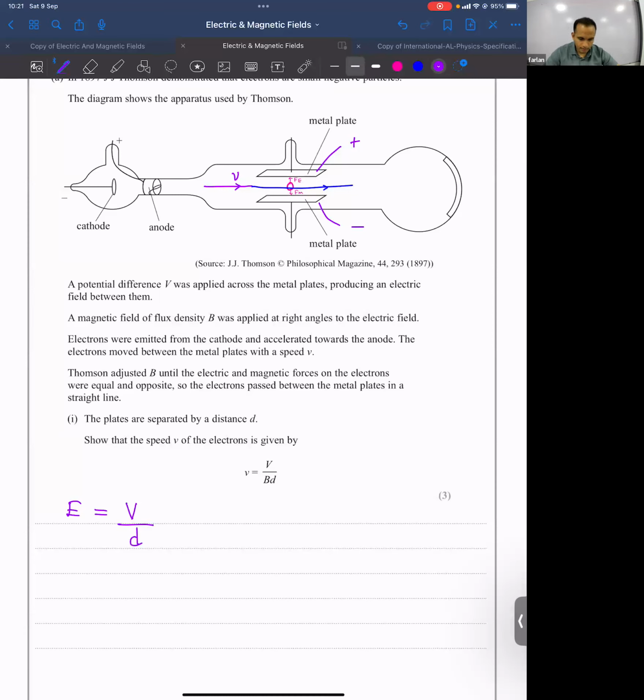So how did you get that formula? In capacitors, electric field strength is equal to the potential difference divided by the distance, right? So V over d.